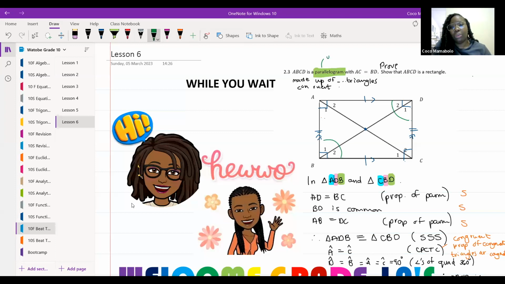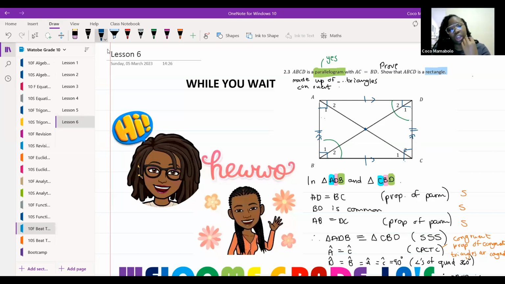Yes, we can. We can use the properties of a parallelogram, but we need to prove that this thing is a rectangle. We're proving that it's a rectangle. So can we use the properties of a rectangle? Can I use the definition?